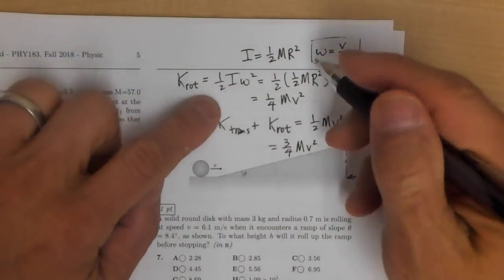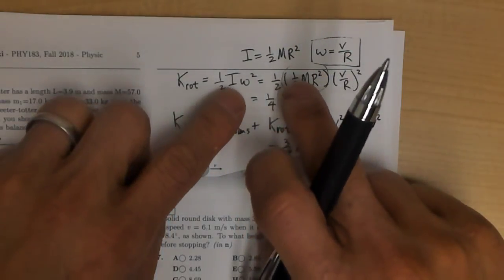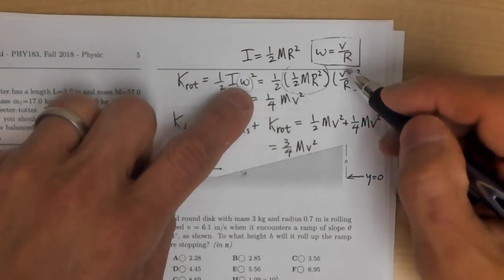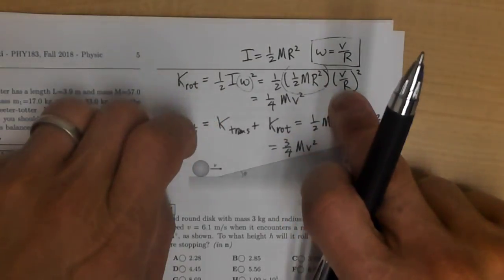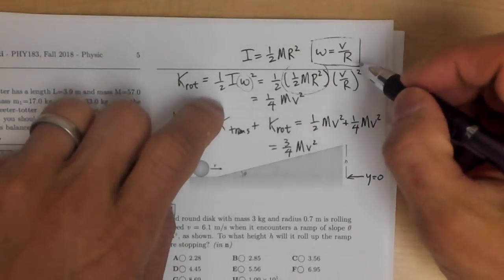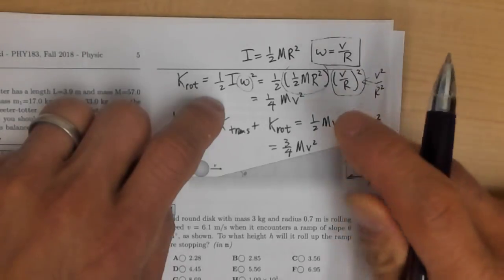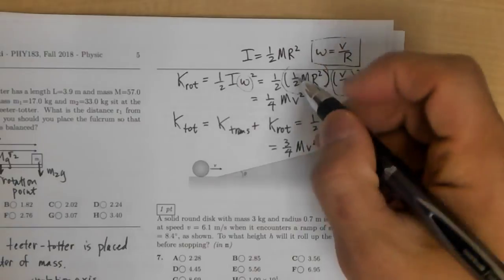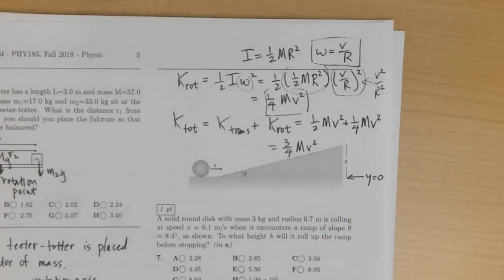Okay, so plug in I is 1/2 mr squared, so we get 1/2 times 1/2 mr squared, and then omega becomes v over r, v squared over r squared. Then the r squared cancels, and we get 1/4 mv squared. So the kinetic energy of rotation is 1/4 mv squared.